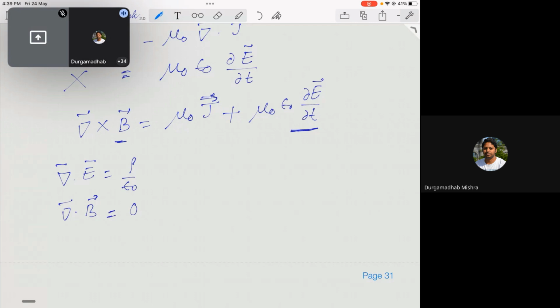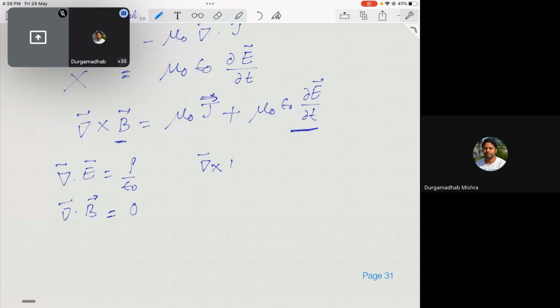What it also means is that the divergence of magnetic field being 0 means there is no isolated source of magnetic field, no isolated magnetic charge that exists. In a way, you say there is no magnetic monopole.